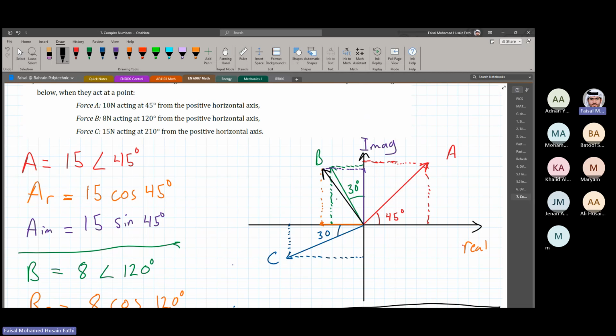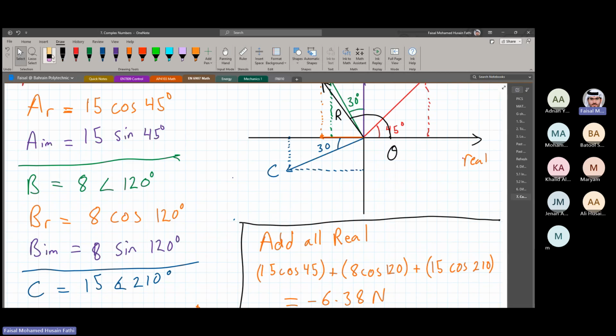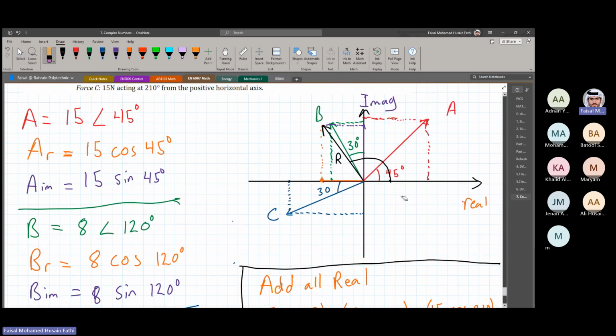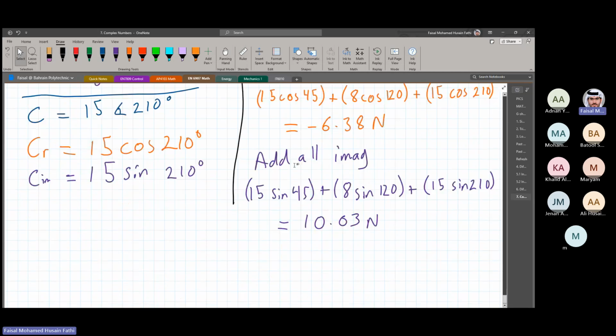It has an R value and also a theta value, the angle, from here. So how can you find these values? These are your coordinates. This is your real and imaginary. Same concept as we did before.